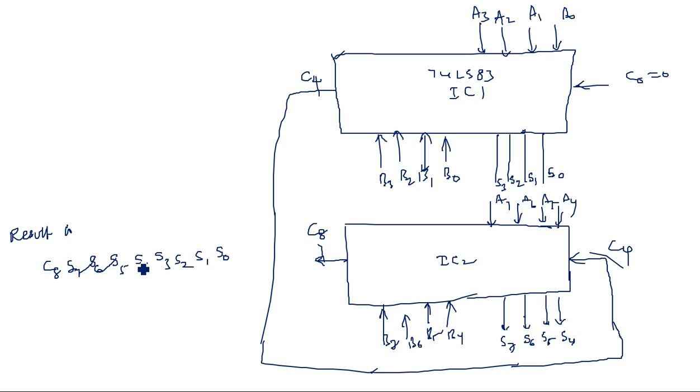So S0 to S7 along with the carry C8. This is the way of using the parallel adder IC 74LS83 in cascaded form. Cascaded form is nothing but one output connected to the next input. Here the carry output of the first IC is connected to the carry input Cin of the next IC.